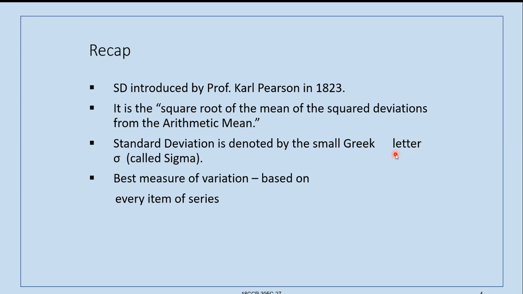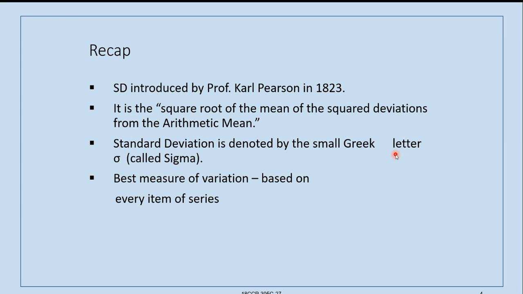This standard deviation is based on arithmetic mean. So we have seen that arithmetic mean is calculated taking all the values in the series. If you remember well, we have seen them in the measures of averages, measures of central tendency, the very first topic of averages.